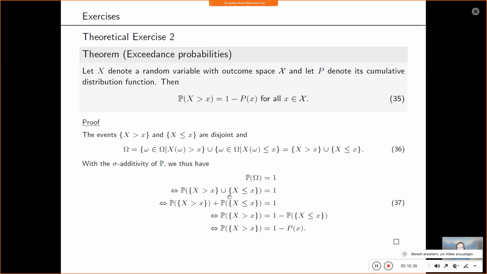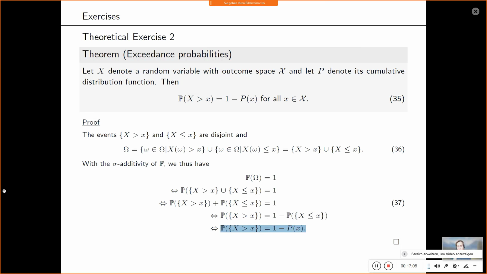And then by sigma additivity, when we look at the union of these two events, which make up the entire omega, we can separate this probability, and then we just put the smaller or equal to x on the other side, and this is already the definition of the CDF, and then we get this result.